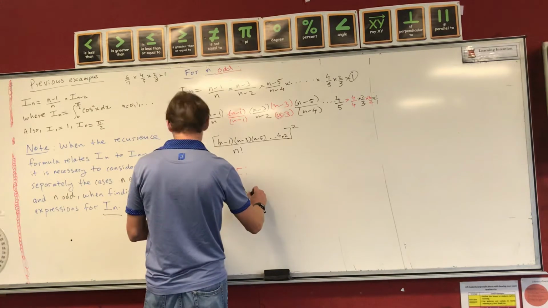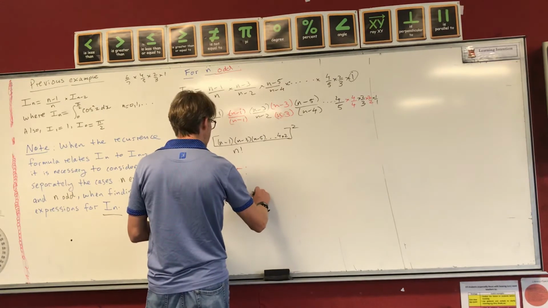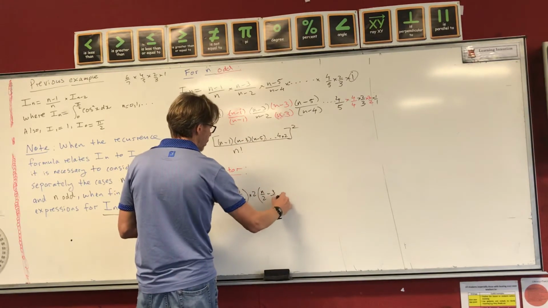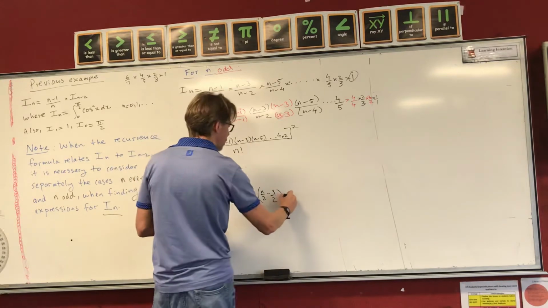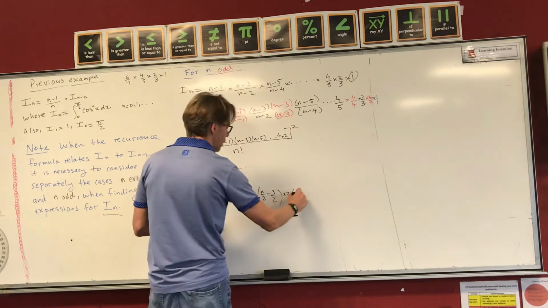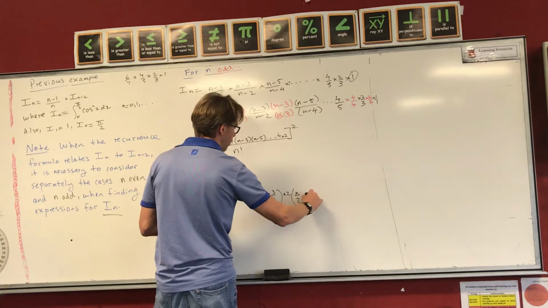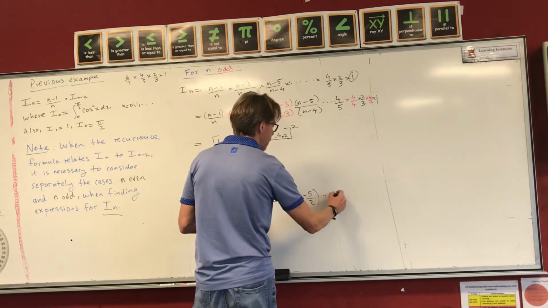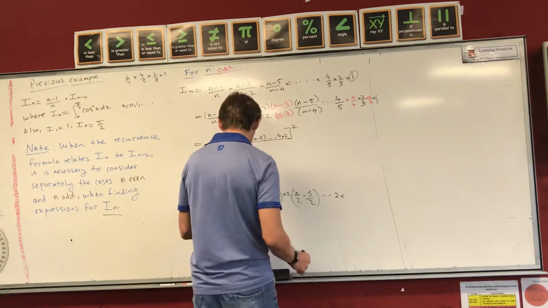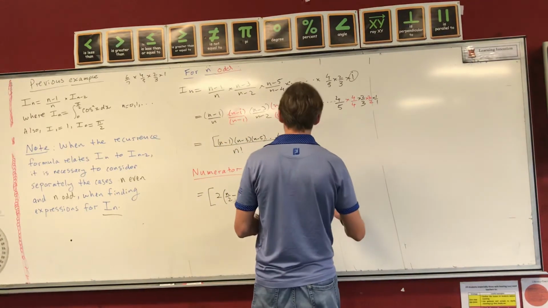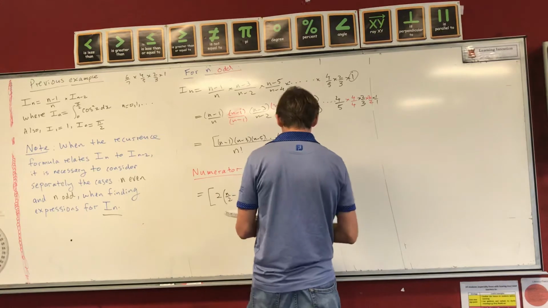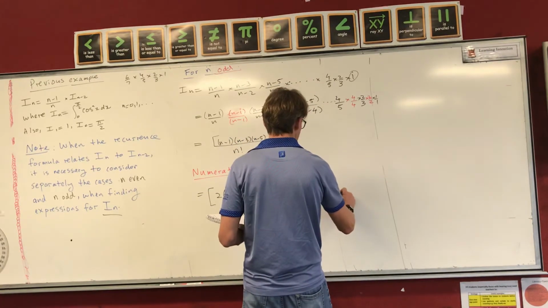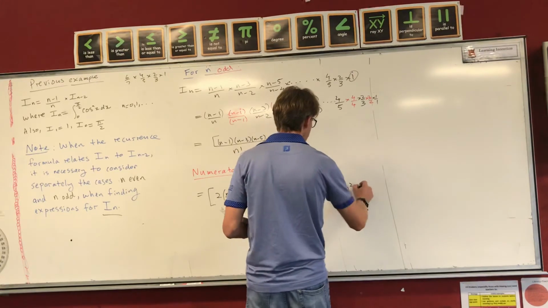Then next will be times 2 brackets, that's n on 2 again, minus 3 on 2, keep going, and then times 2 brackets, n on 2 minus 5 on 2, keep going, and you're going to have 4 by 2 on the end, okay, that'll do. And 4 by 2, squared.